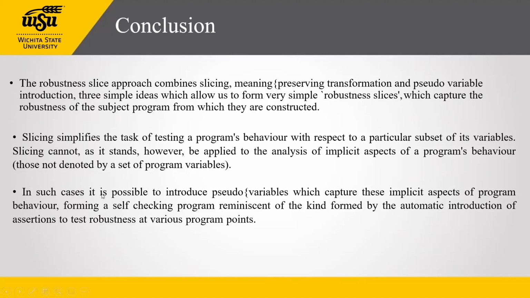In such a case, it is possible to introduce pseudocode and a variable which capture the implied aspects of the program behavior, forming a self-checking program formed by automatic introduction of assumptions for testing robustness at various program points.